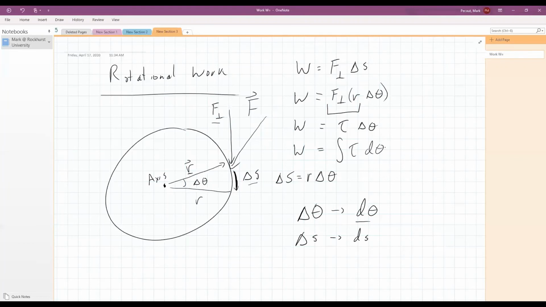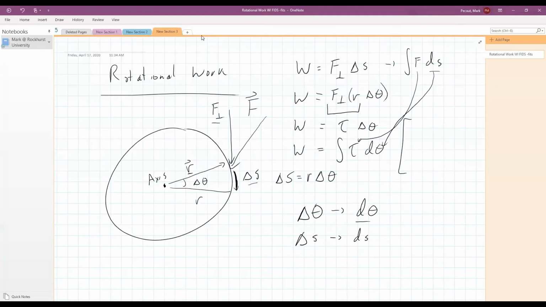Well, if you recall, that looks very similar to the linear version, where the work is equal to the integral of F ds, okay? Where F becomes the torque, because that's the rotational version of force, and the displacement becomes the angle, because the angle is the rotational version of position, okay? So hopefully this motivates the idea of rotational work.